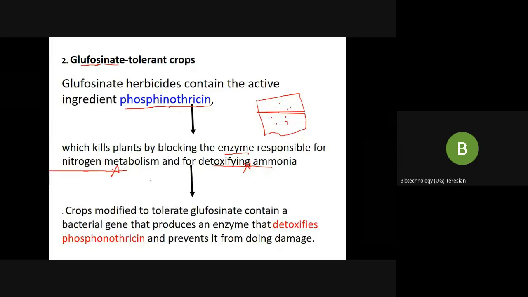Enzyme is nothing but your protein. How is the protein made? My protein is made by the genes, or your DNA. So they know which gene is producing this enzyme, and this enzyme inactivates the phosphinothricin.